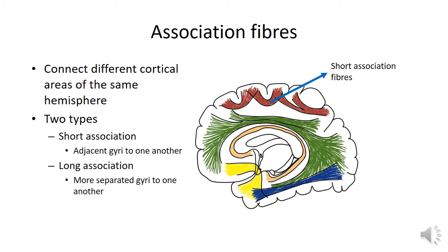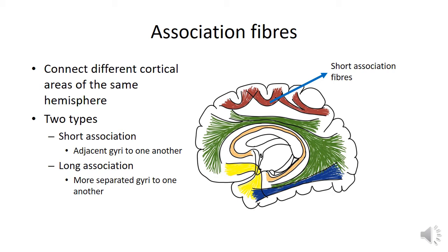Association fibers refers to fibers connecting the different cortical areas within the same hemisphere. There are two subtypes: short association and long association.